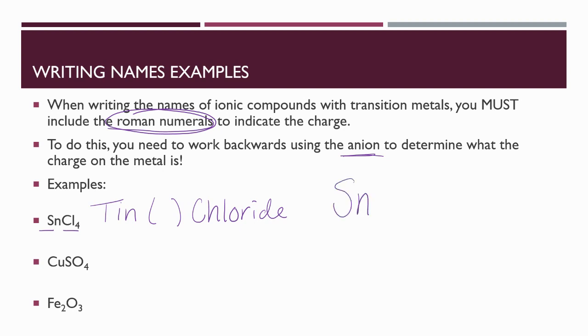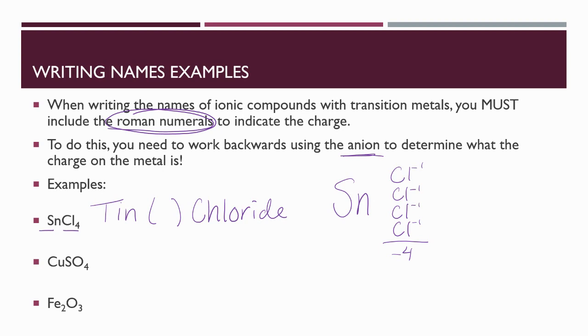So I have tin, and I know I have 4 chlorines. Each chlorine, because it lives in one of those main groups, the tall groups, always has a charge of -1. So I know the total negative charge is -4, right? 4 chlorines, each with a -1 charge, gives me a total negative charge of 4.